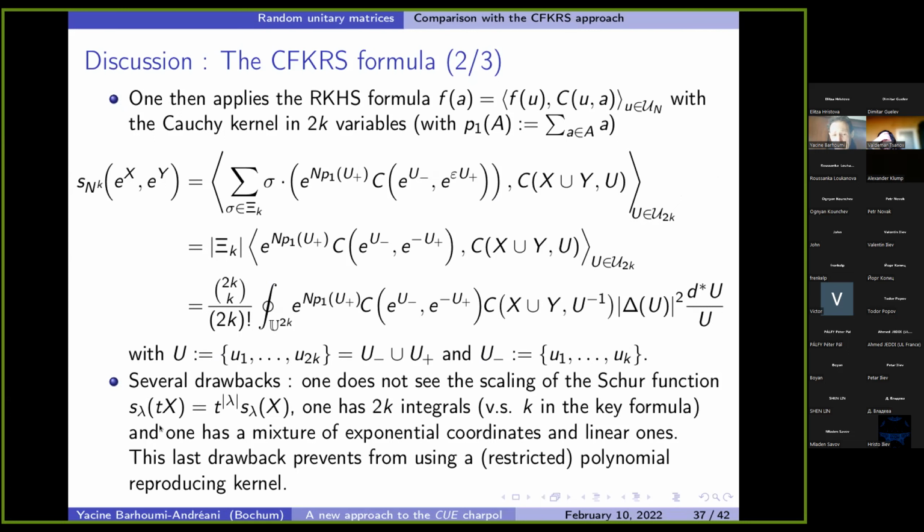And you have a lot of drawbacks, you see: you have exponential variables and polynomial variables. You don't see the scaling of the Schur function. You are not polynomial, so you have lots of problems. And this is why you have a gigantic expression to rescale.